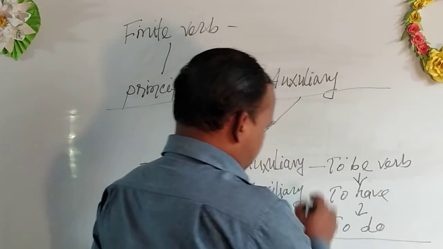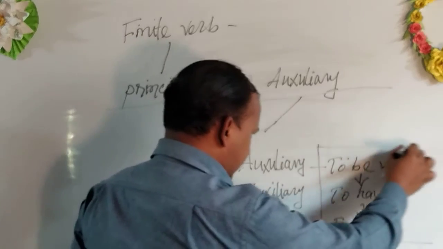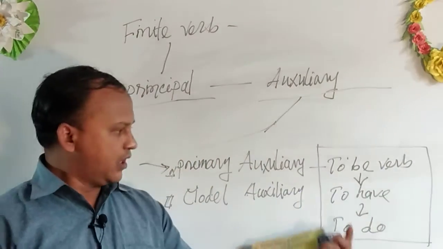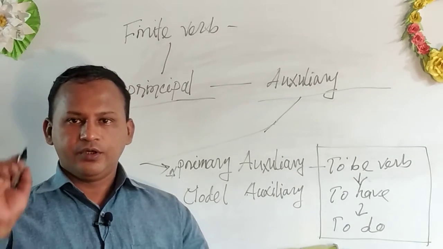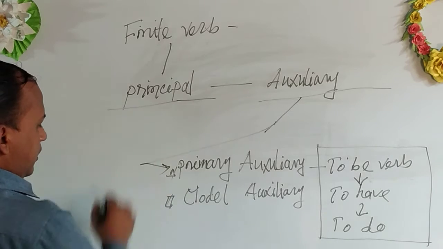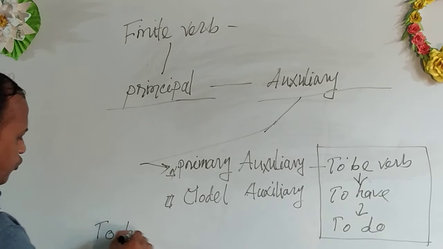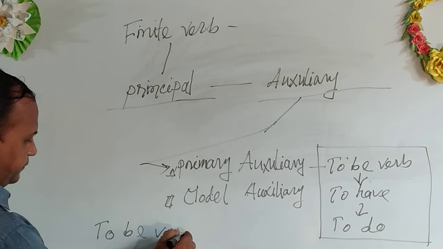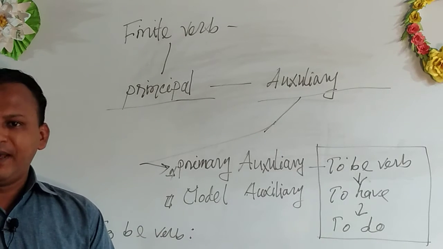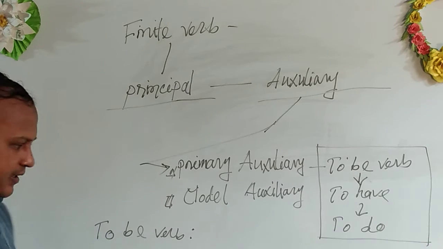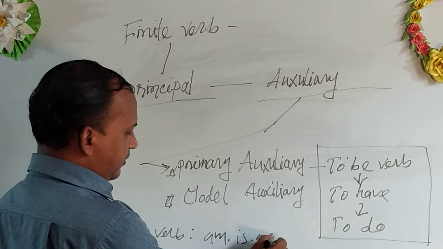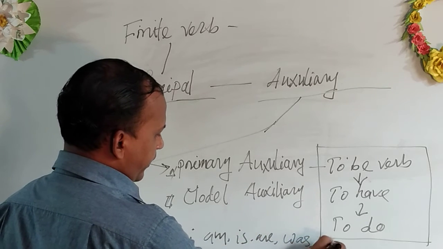Dear student, the primary auxiliary verb is a combination of the to be verb, to have, and to do. The to be verb consists of 5 members, such as am, is, are, was, were.